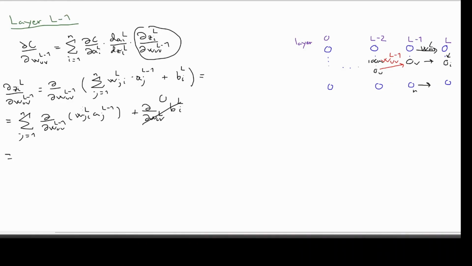So seeing as this weight term is not a function of the weight from U to V of L-1, we can put it outside of the differentiation and get the sum from j equals 1 to n of W ji of L multiplied by the partial derivative of the activation at neuron j with respect to the weight from U to V of L-1.